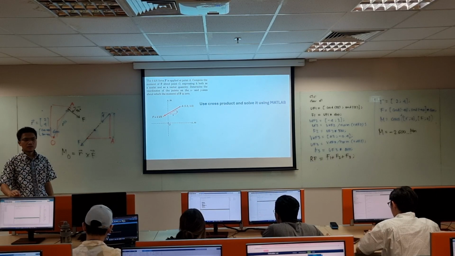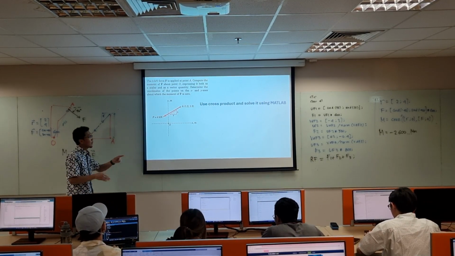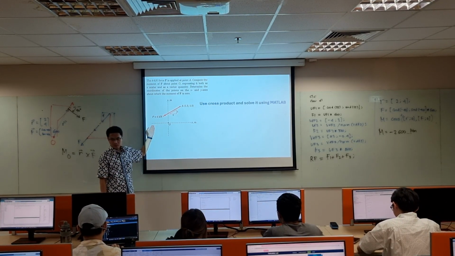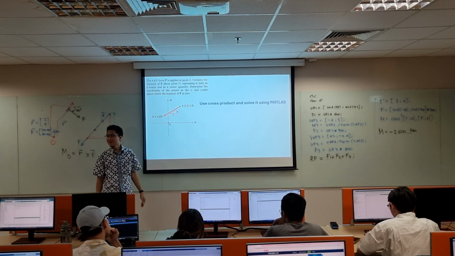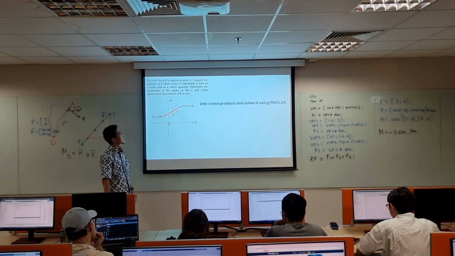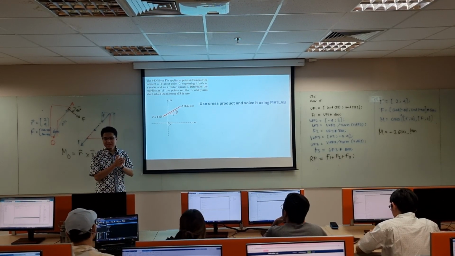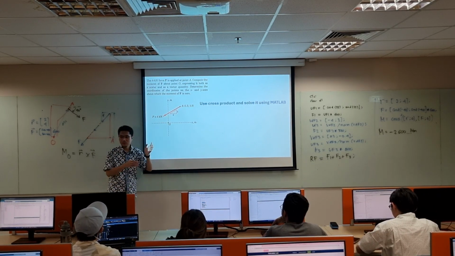Okay, now we get into the last part of the question. Graphically, where is the location where the moment is 0? Location where the moment is 0 due to this force. Where's the location?